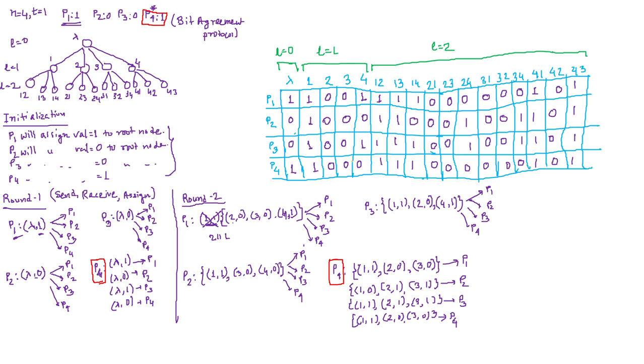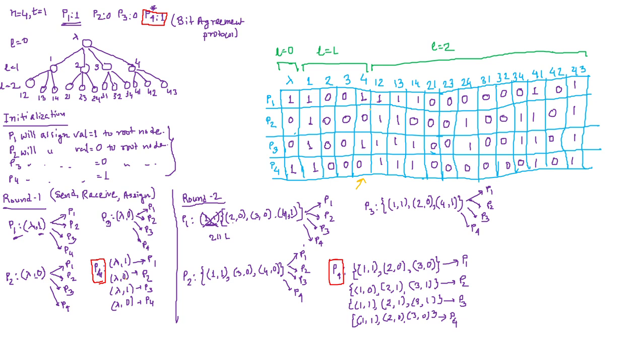Whereas P4 has told P1 that my root node entry is 1. Here it has said that my root node entry is 0. To P3 it has said that my root node entry is 1. And to P4 it has said that my root node entry is 0. So it has lied to everyone. That's why this column entry is not consistent.